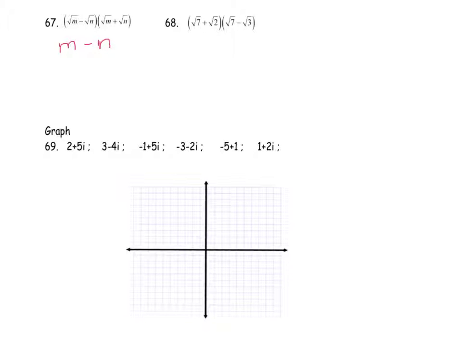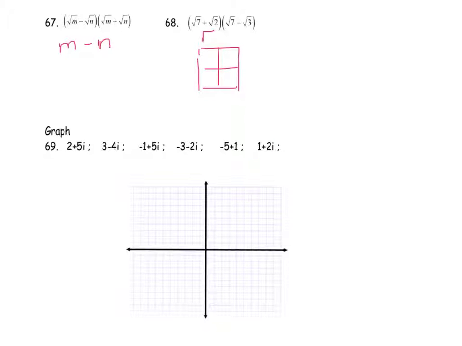For the next problem, we are going to follow a similar pattern. So first, I am going to actually have to make a box, because this one here is not the difference of squares.